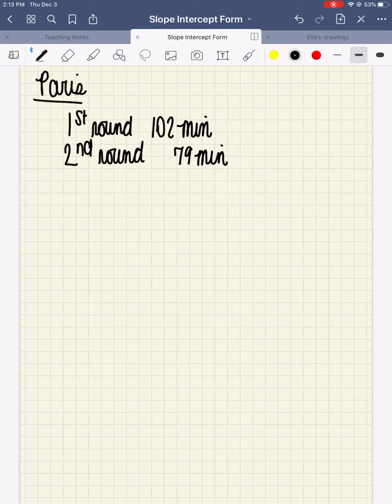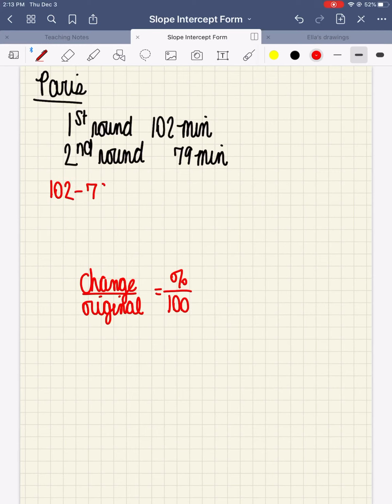Just to remind us, I'm going to write the formula down here: change over original equals percent over 100. I need to first find my amount of change again. So 102 minus 79. The amount of change he decreased was 23 minutes.